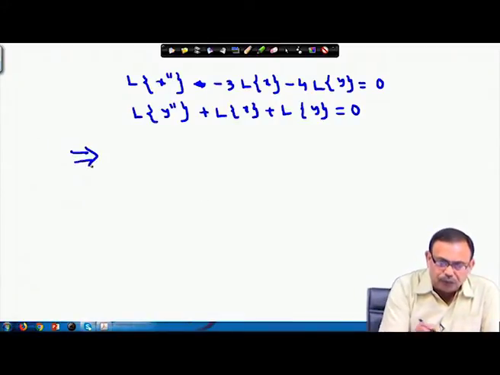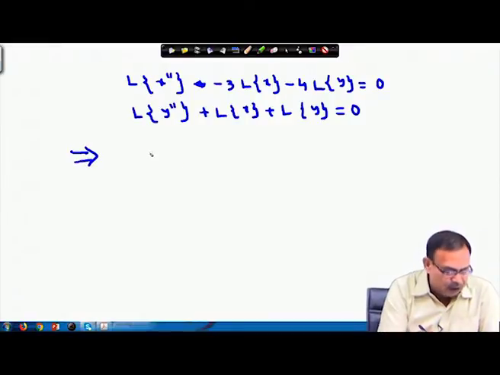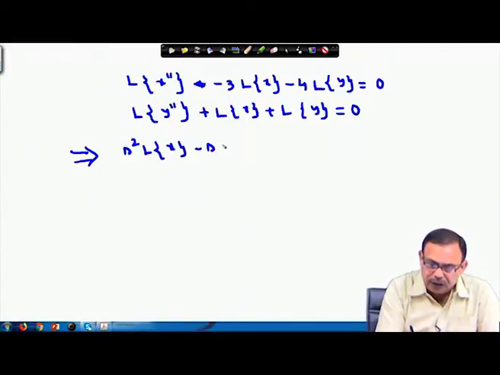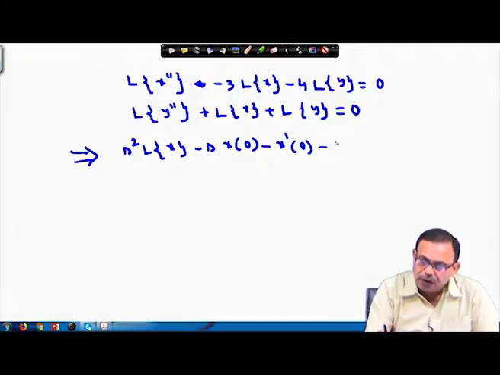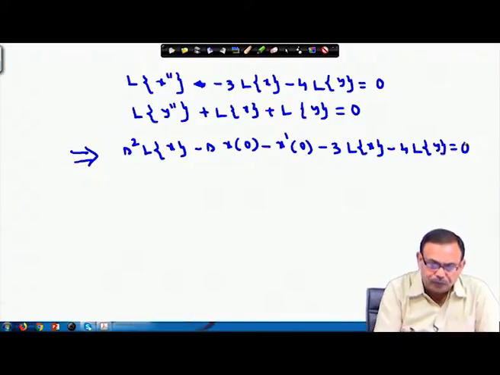So, for the first equation, Laplace transform of x double dash is s square Laplace transform of x minus s into x 0 minus x dash 0, minus 3 into Laplace transform of x minus 4 into Laplace transform of y, this is equal to 0.